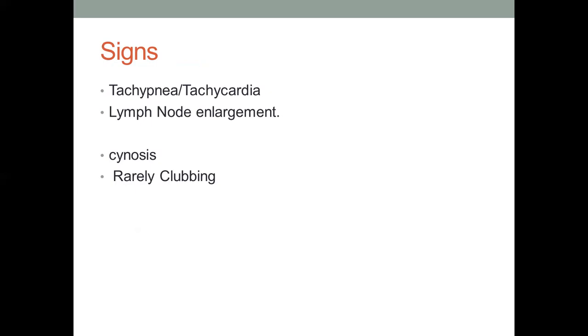Signs of pleural diseases: there may be tachypnea or tachycardia, or there may be lymph node enlargement in case of malignancy, and you may see cyanosis if the patient has a large pleural effusion or pneumothorax, especially tension pneumothorax.